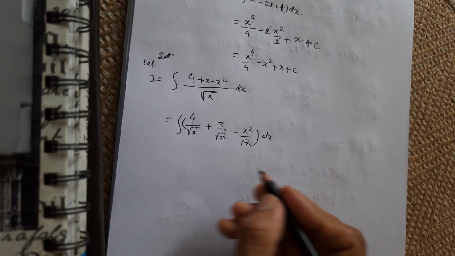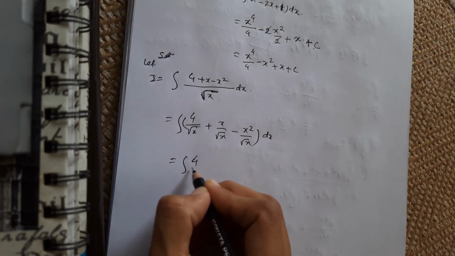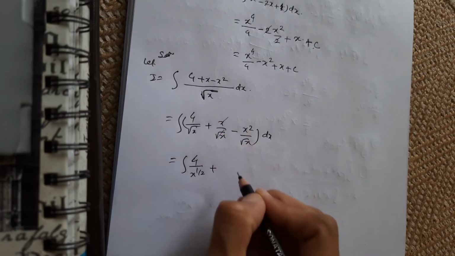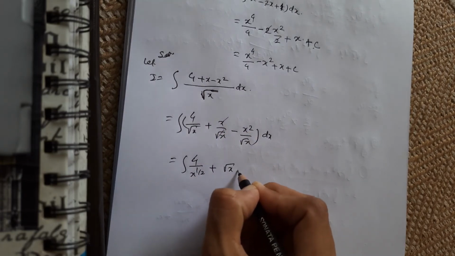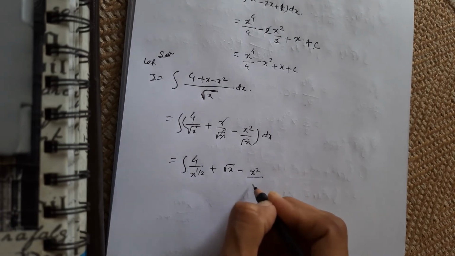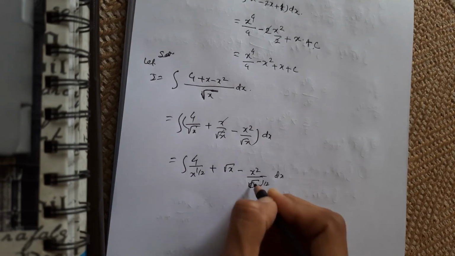Now, the integration of 4 upon x to the power 1 by 2 plus, this gets cancelled, x root x, minus x square upon x to the power 1 by 2, dx.